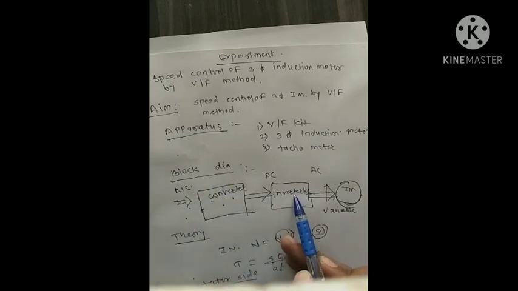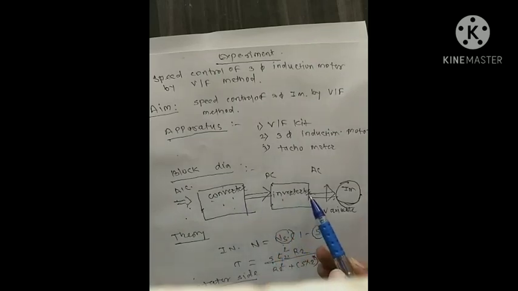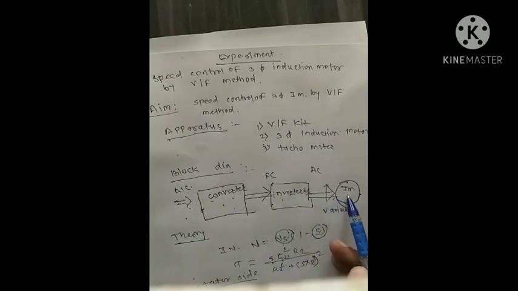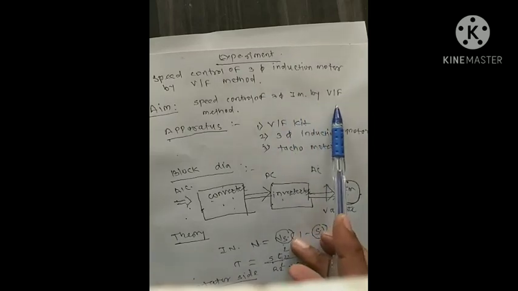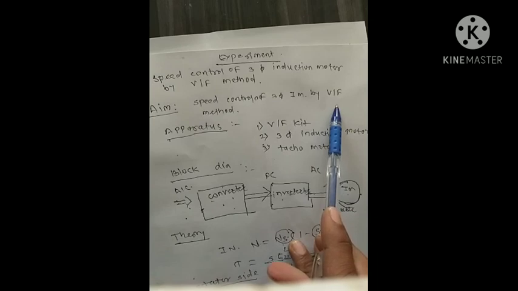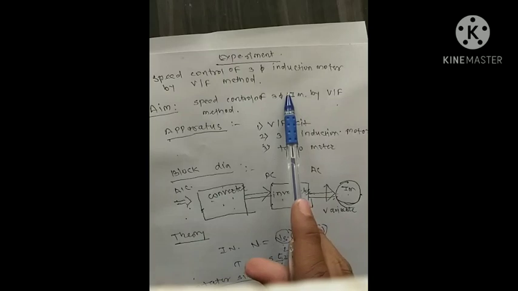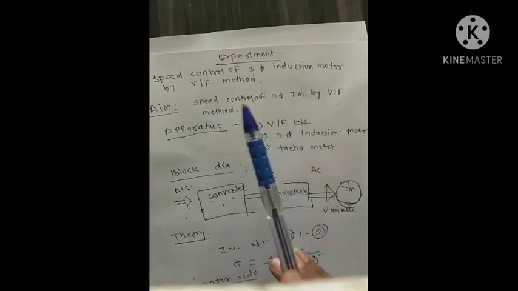After that, the inverter is used to invert the DC supply into AC supply, and finally the AC supply is given to the three-phase induction motor. And finally, by controlling the voltage and frequency ratio, we change the speed of the induction motor to the desired level.